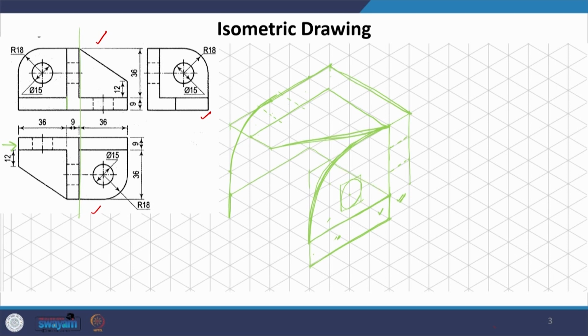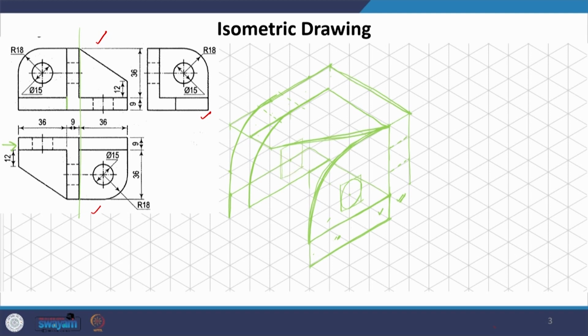Now, this has another line which is parallel, which implies that this is a surface which is coming together like this. So, if I draw another curve here and a line like this, and this circle also goes to the back. This is where this circle will be going back.